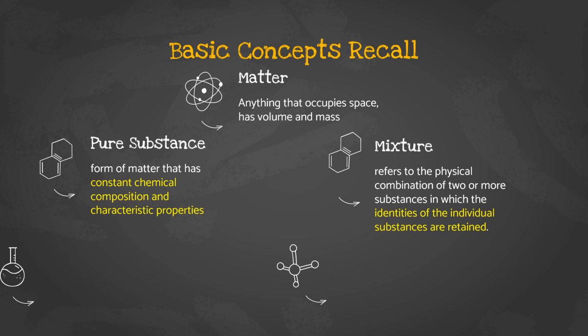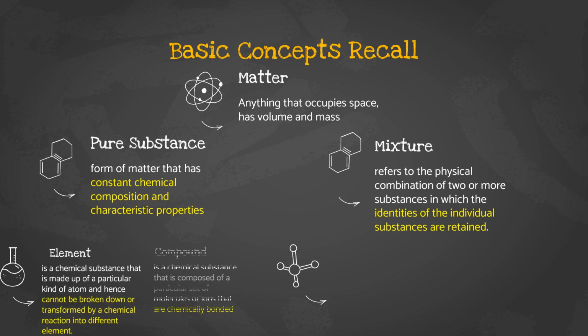Pure substance is a form of matter that has constant chemical composition and characteristic properties, while a mixture refers to the physical combination of two or more substances in which the identities of the individual substances are retained. Under pure substances, there are elements and compounds.